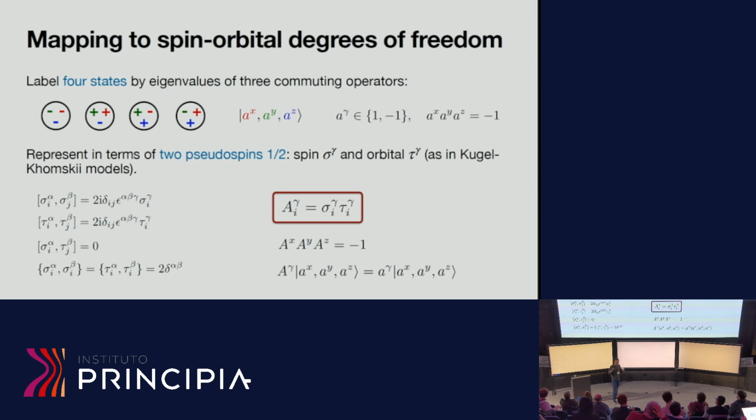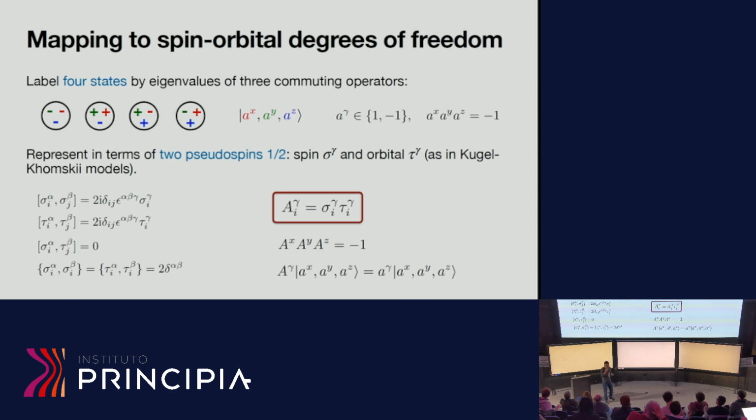usually the spin exchange interaction depends on the orbital state, so you get some interaction that involves both degrees of freedom. And you can represent all the operators in terms of sigmas and taus that obey the usual SU(2) algebra. Sigmas commute with taus and so on.